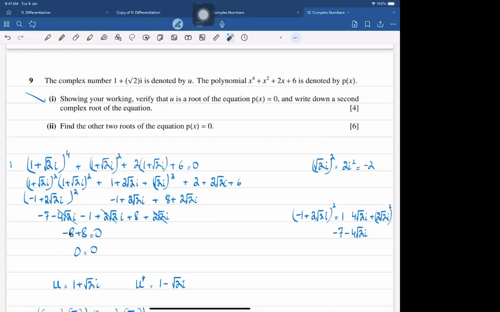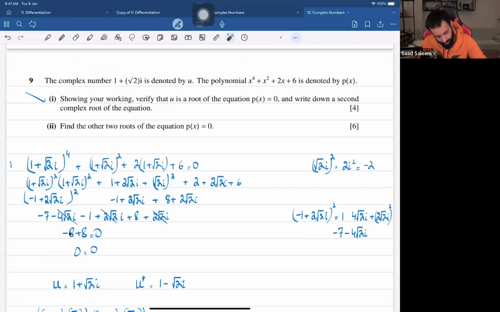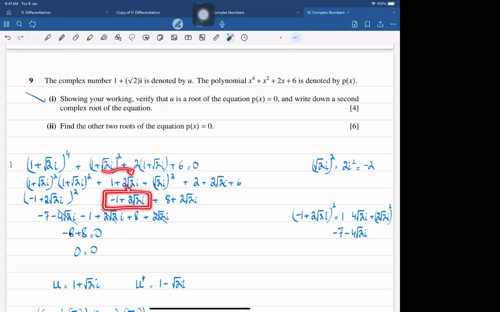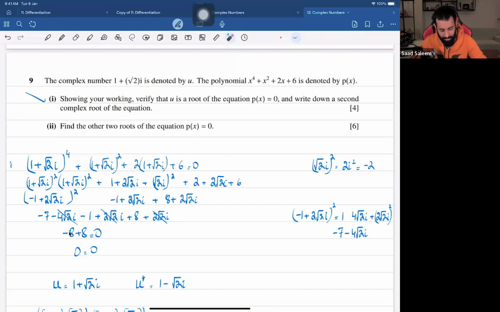See, I told you that when we expanded 1 plus root 2 iota, after expanding it, this is what we got. We have to do the same thing directly here as well. So see, here we have 1 plus root 2 iota, the whole thing power 4. Here we have 1 plus root 2 iota, the whole thing square.